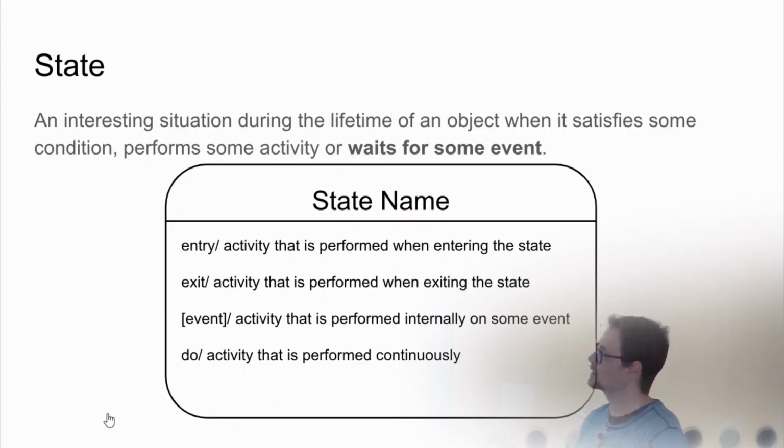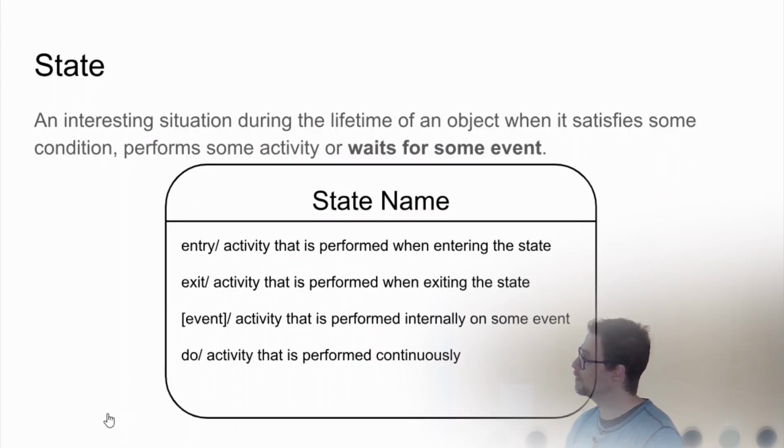It can be more or less anything. I think that you will probably have states more or less where the system or the object waits for some event. So in the state you do something and then you wait for some input from the outside. That is maybe the most common situation.